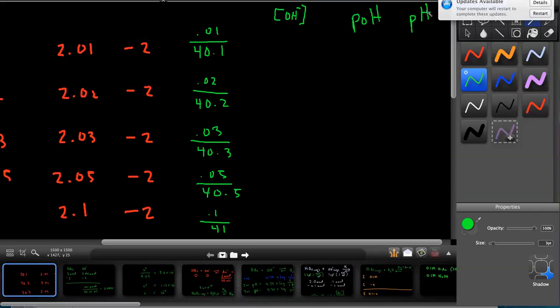0.01 divided by 40.1 is 2.494 times 10 to the minus 4.